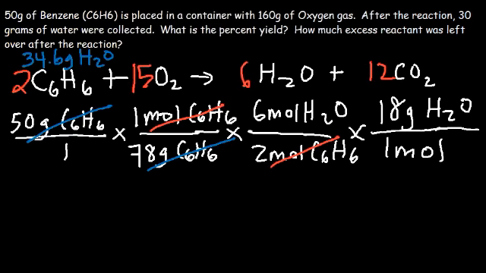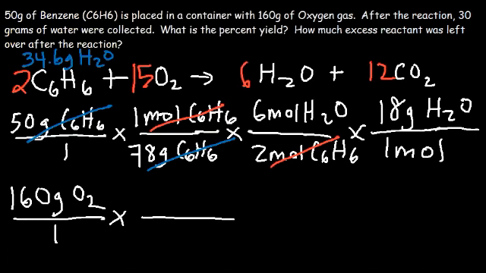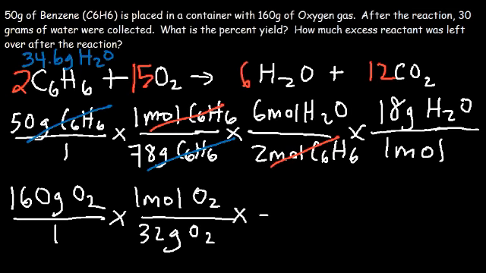Let's do the same thing for oxygen. Let's see how many grams of water can be produced if all of the 160 grams of oxygen reacts. So let's start with 160 grams of O2. The molar mass for O2 is about 32. It's 16 times 2. So there's 32 grams of O2 per 1 mole of O2. At this point we need to use the molar ratio to convert from O2 to water. It's 15 to 6.